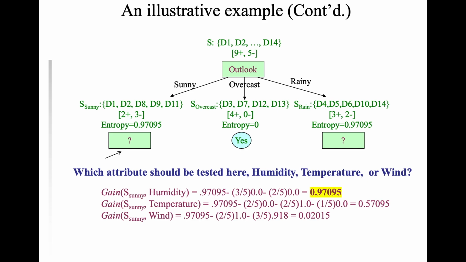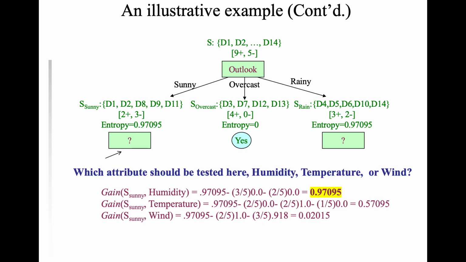So to choose which attribute comes after outlook sunny, we have to find the information gain of S sunny, which is the subset of the data that are sunny, with all these features. One time with humidity, another time with temperature, another time with wind.